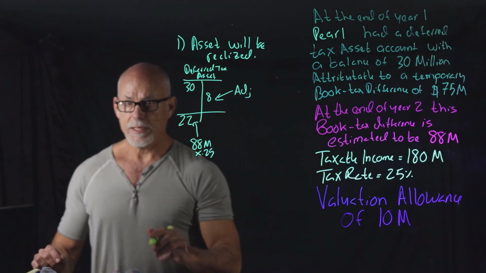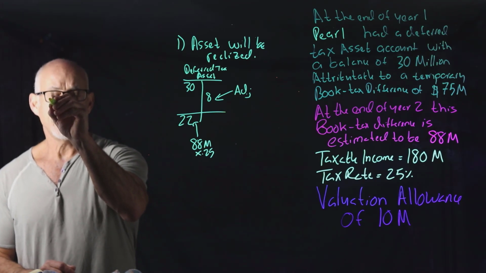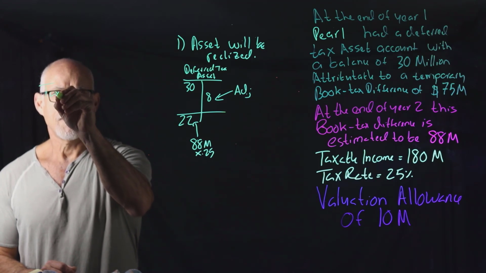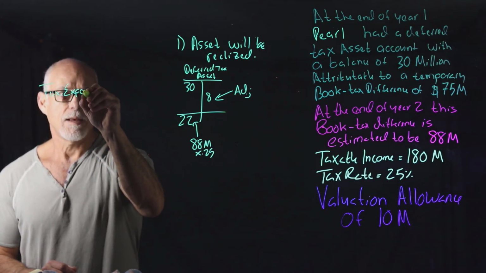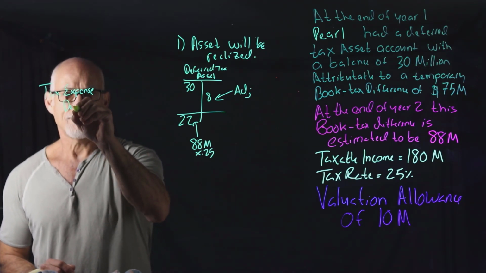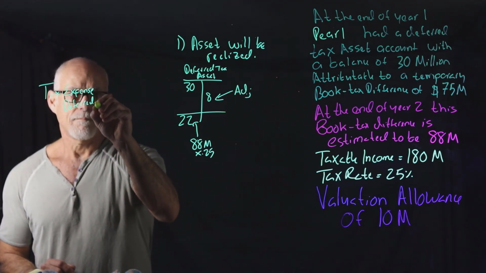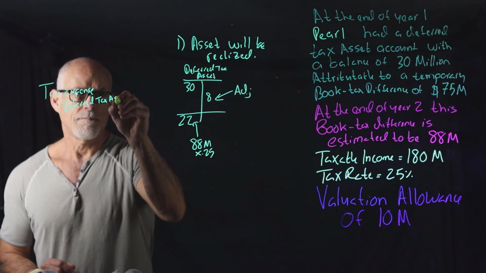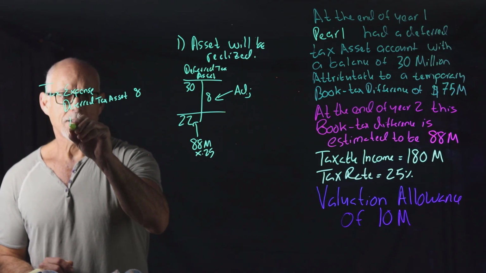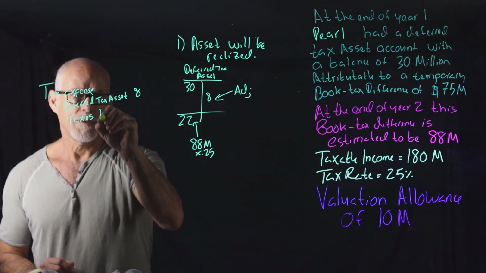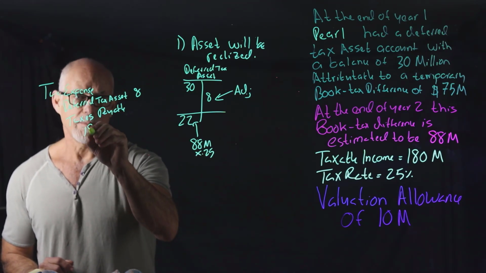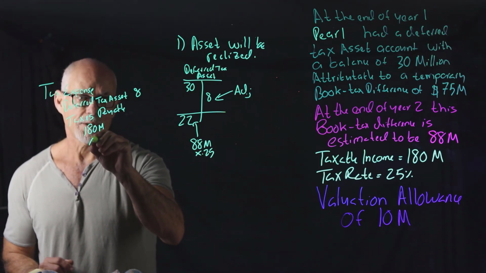Now I can do my journal entry, and my journal entry is just going to be tax expense, which I don't know yet. And then we have deferred tax asset for 8, and then taxes payable, which we know because it's 180 million times 25%.